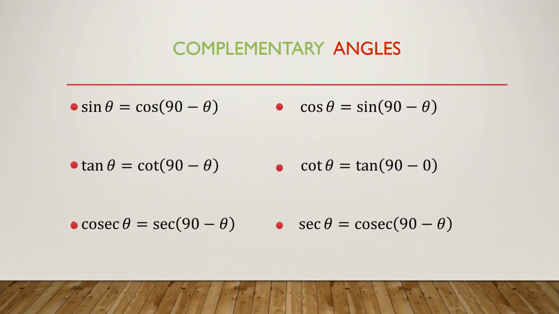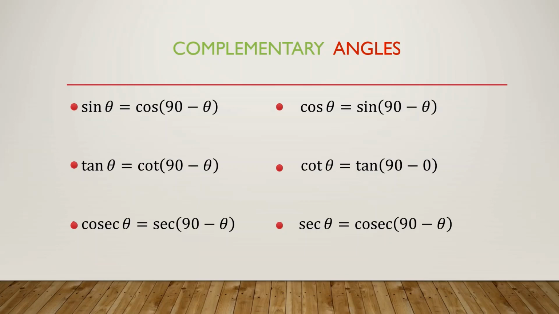Do you remember what are complementary angles? Two angles are said to be complementary if their sum is equal to 90 degrees. Now, in case of trigonometry, we shall write 90 degrees minus A for our convenience instead of 90 degrees minus angle A. We can find that sine of theta is equal to cos of 90 minus theta.